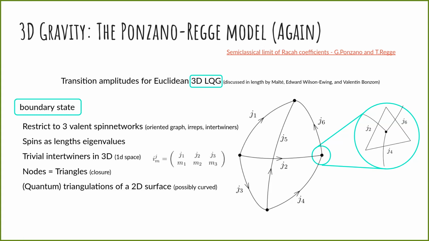At the nodes, you associate trivial intertwiners, trivial because they are elements of a one-dimensional space.